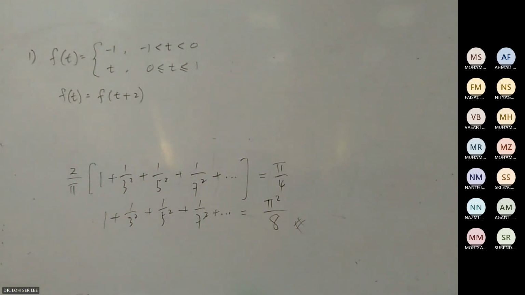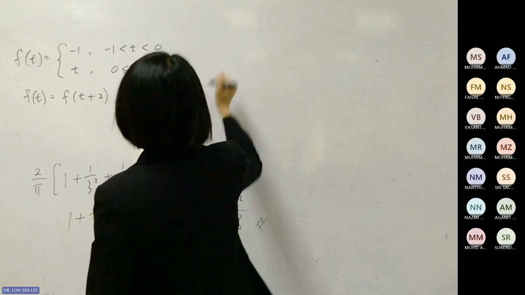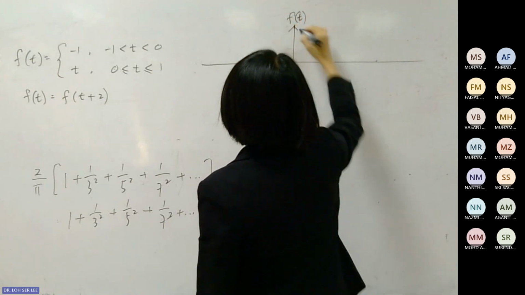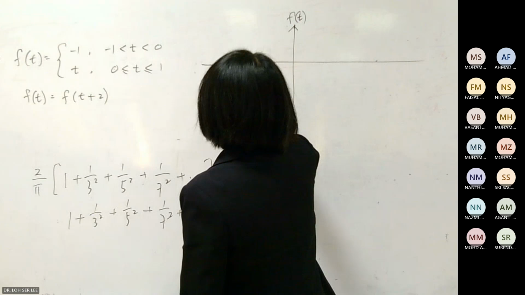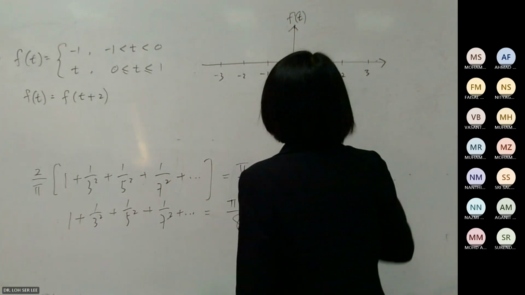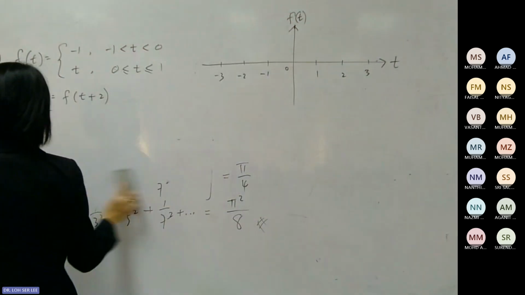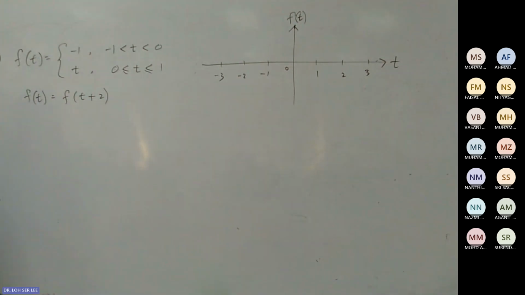From negative 1 up to 0, you have negative 1, which is constant on the line.